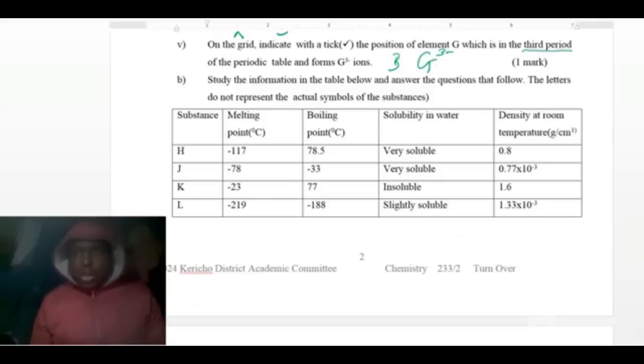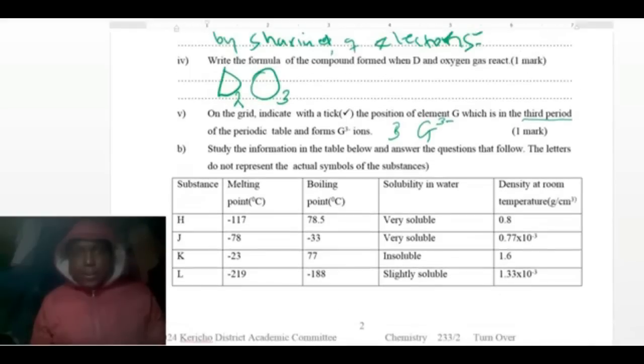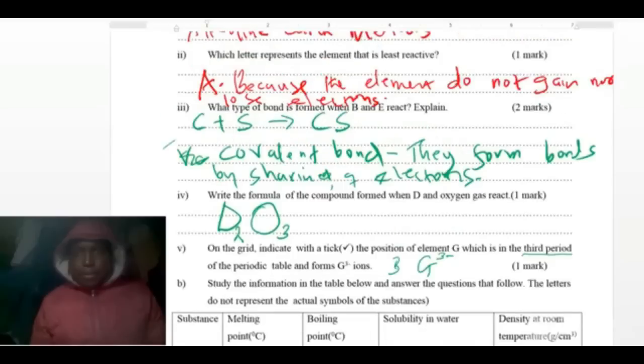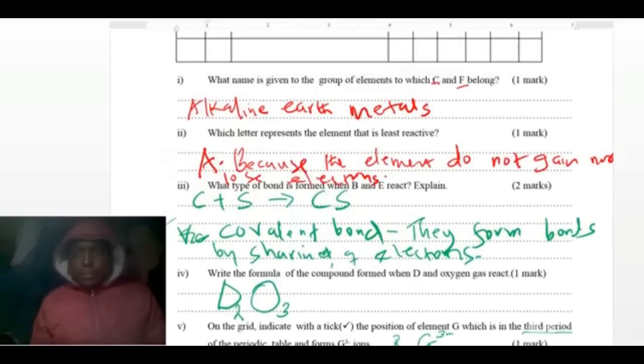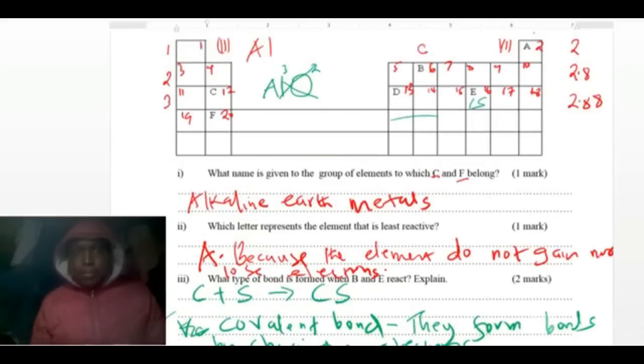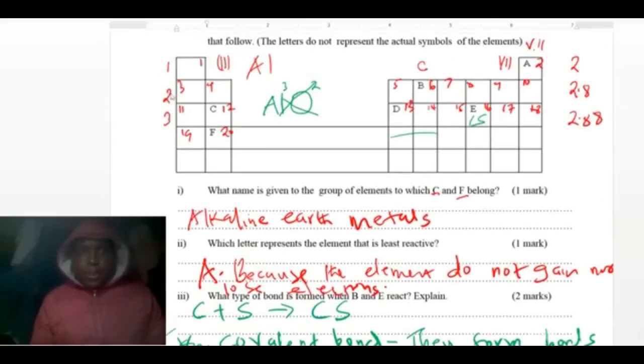So we go to period 3. This is period 1, period 2, period 3. Aluminium will form a positive ion, so the element that forms negative must be here, number 15. Because 15 is 2 8 5, that is phosphorus.